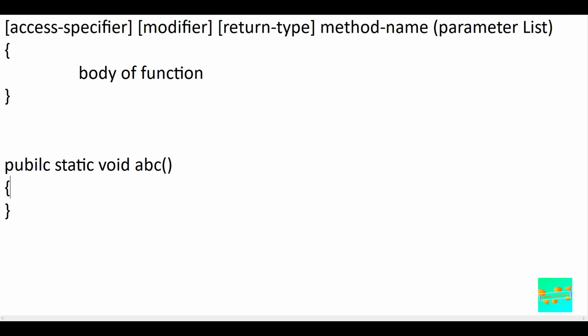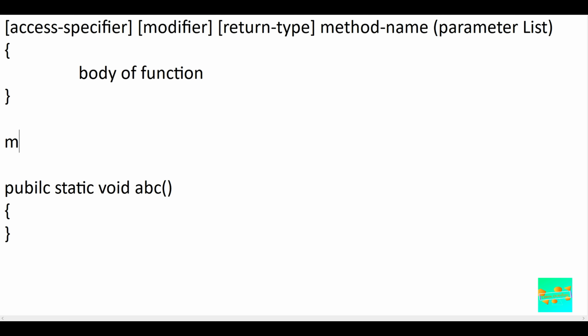What is this main member method? The main member method is this thing. Always add a member method main to this class. What is this main? This main is the method name followed by a parameter list, which is usually blank or it has some parameters. Let's see what.